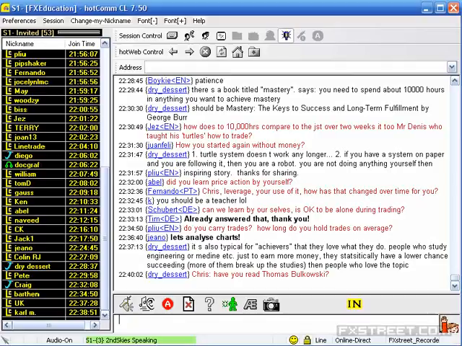Schubert says, can we learn by ourselves? Is it okay to be alone during trading? You can learn by yourself. But nobody ever becomes a professional pilot or pool player or anything without learning from somebody else.